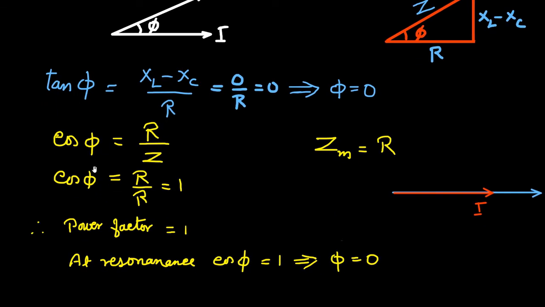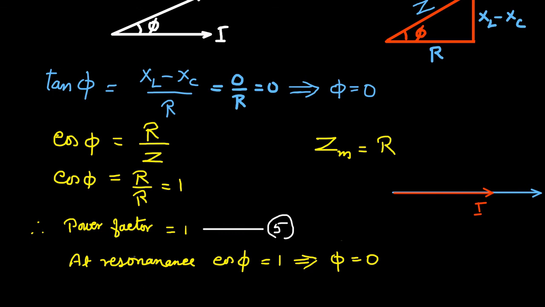What about power factor? Power factor is cos phi, that is R by Z. And at resonance, Z equal to R. Substituting, cos phi equal to R by R, which is 1. So at resonance, the power factor is 1. Let this be equation number 5.